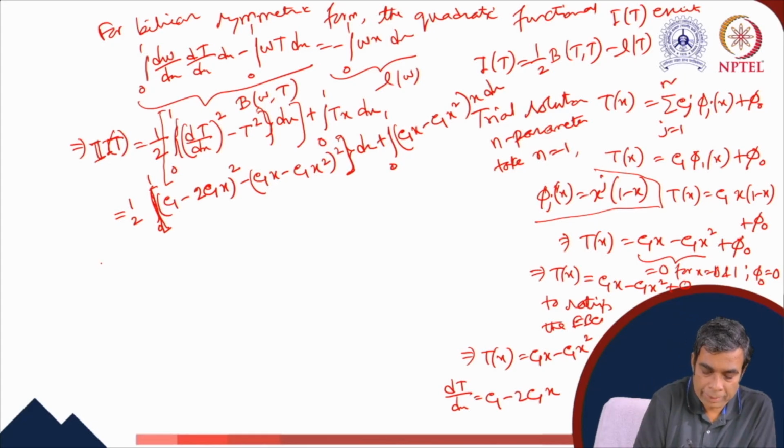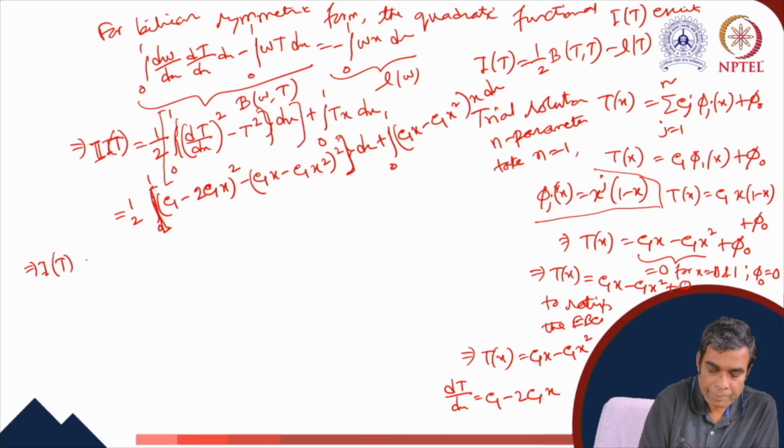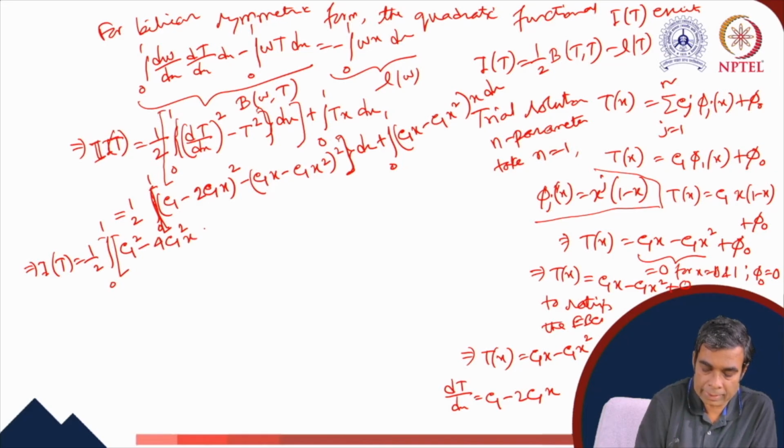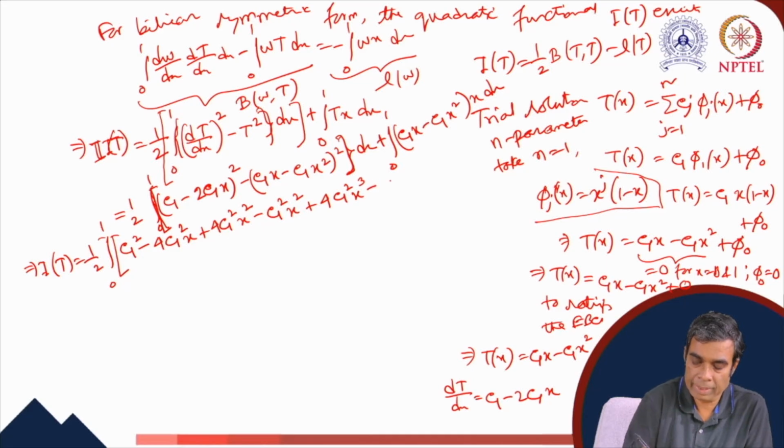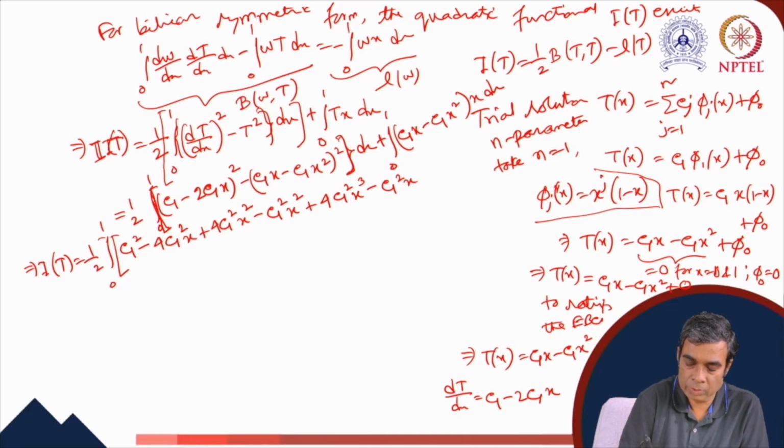If we expand these terms, then we find that the functional I is half into integration 0 to 1 of c1 square minus 4 c1 square x plus 4 c1 square x square minus c1 square x square plus 4 c1 square x cube minus c1 square x to the power 4 dx.